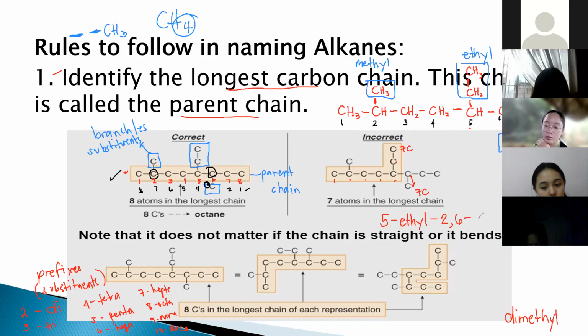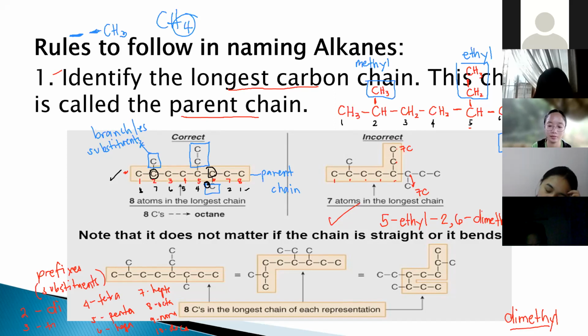Before the dimethyl, you write a dash. So we write dimethyl. There is no space between methyl and octane; all the parts of the name are joined together, with no space. So this is now the correct name for this compound: 5-ethyl-2,6-dimethyl octane. So those are the steps in naming.